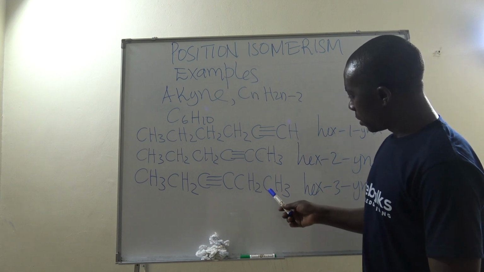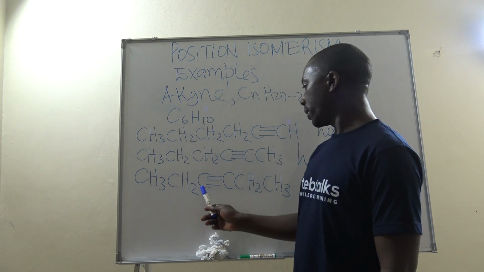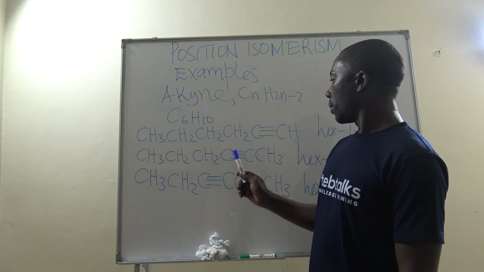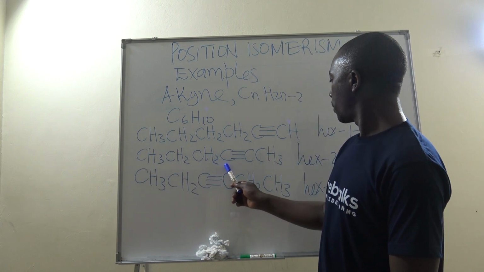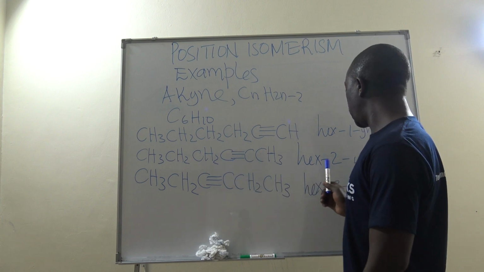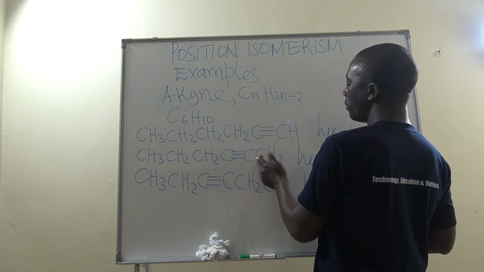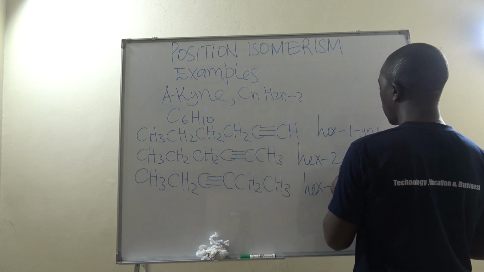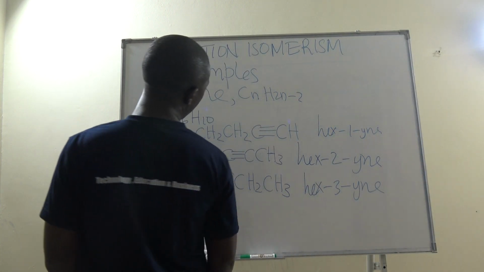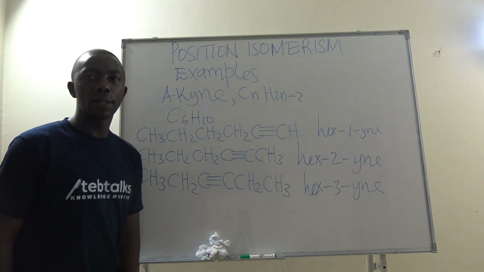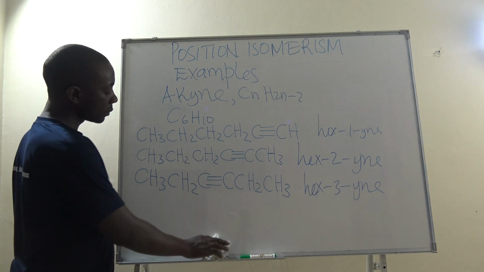Whether you come from right towards left, this is a third carbon. Even when you come from left towards right, this becomes a third carbon. But when you're looking at this, suppose somebody comes from left towards right, this is going to be the fourth carbon. But remember we said position taken must be the lowest. So somebody coming from the left looks at position 4, somebody moving from the right looks at position 2. Then this becomes the right isomer. So that is one of the examples of position isomerism.